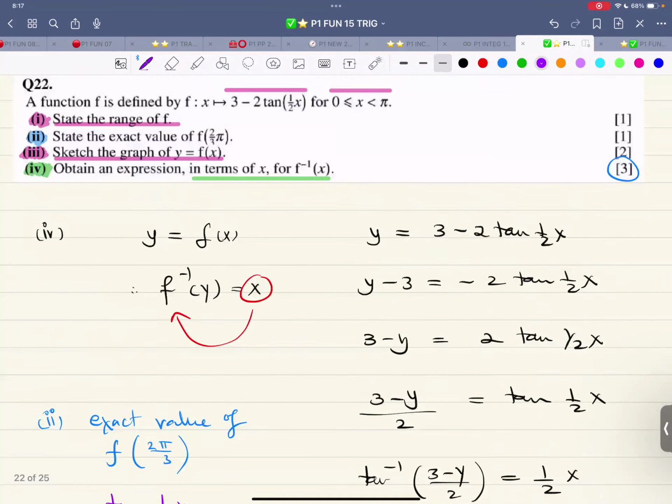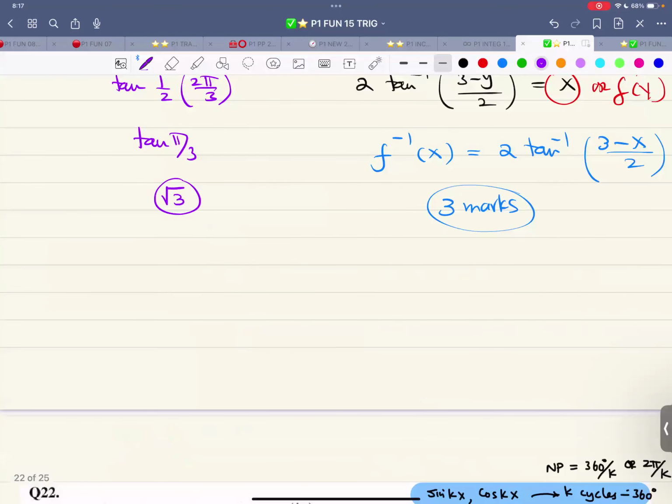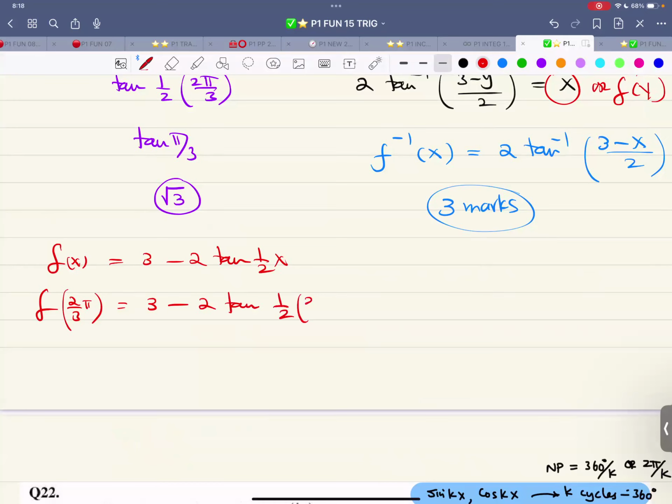So we have f(x) is 3 minus 2 tangent half x. f of 2/3 pi is 3 minus 2 tangent half of 2/3 pi, which I have already evaluated.